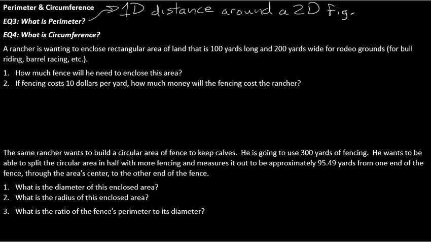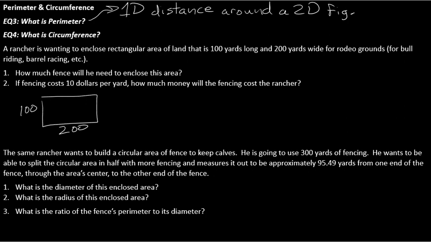Okay, so let's go ahead and answer a little bit more in depth. Well, what is perimeter? Let's look at this example I made up here. A rancher is wanting to enclose a rectangular area of land that is 100 yards long and 200 yards wide for rodeo grounds, for bull riding, barrel racing, etc. If you're familiar with any of that kind of stuff, that'll make sense to you.